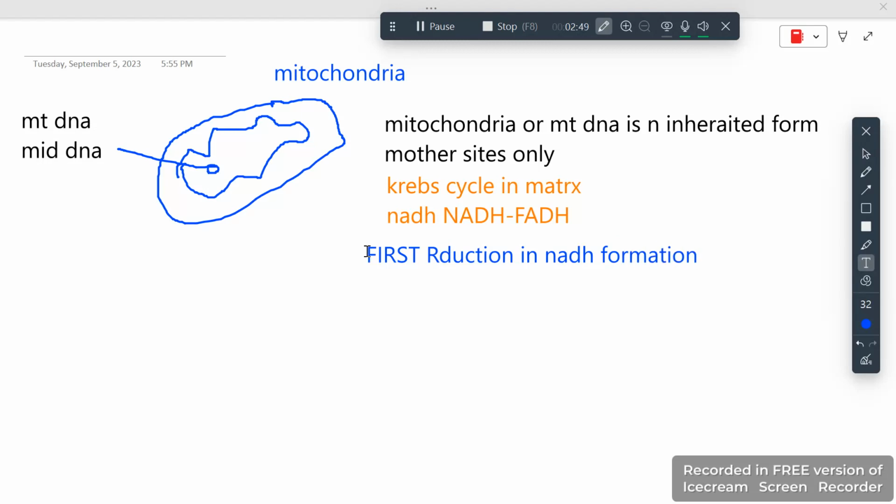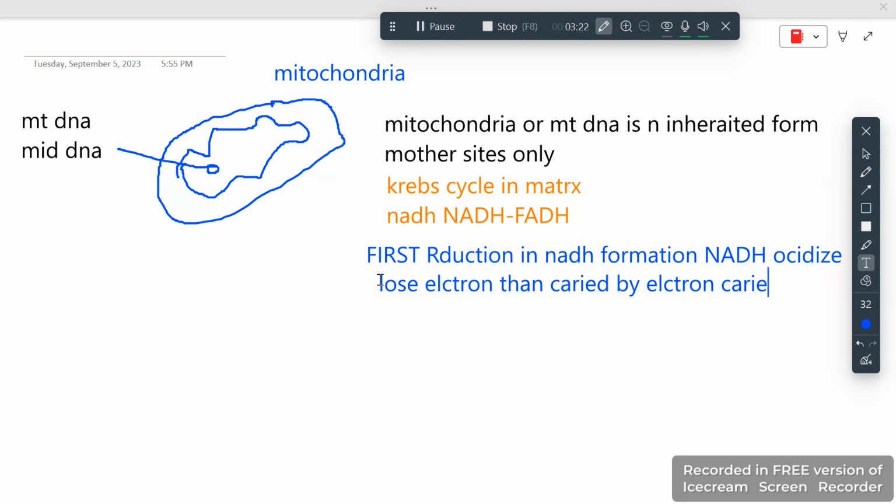And after that what will happen? This NADH would be oxidized. When it becomes oxidized, it starts to lose electrons, and that would then be carried by an electron carrier, just to run other functions.